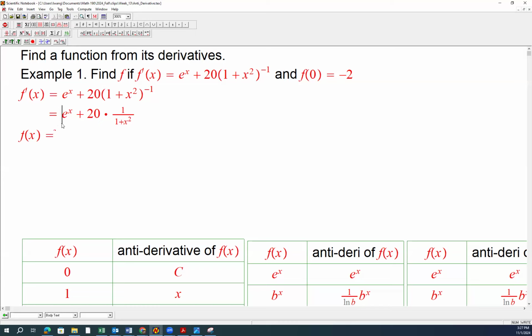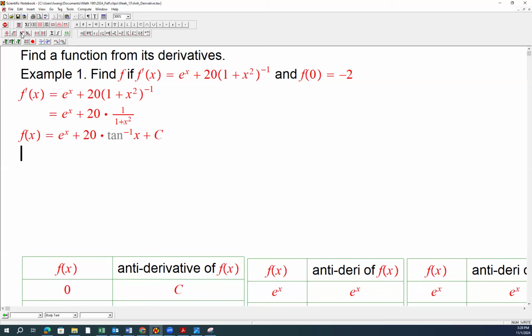The antiderivative of e to the power x is e to the power x, plus 20 multiplied by arctangent of x. And don't forget the constant, okay? We add a constant. So we found the antiderivative, the most general form.